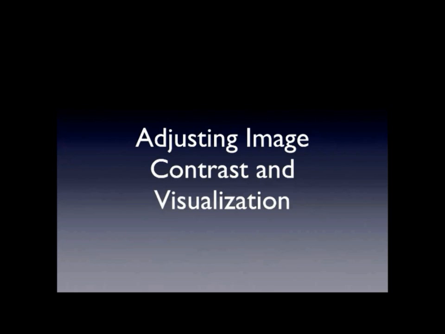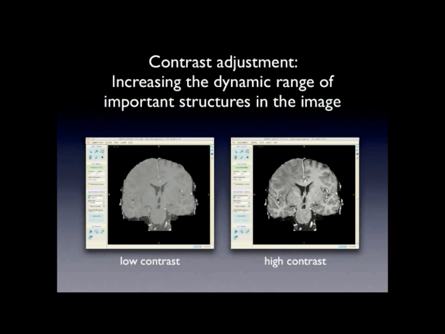Next I want to talk about a different topic, and that is adjusting image contrast and how images are visualized. A lot of times we'll have images that when we first load them in ITK-SNAP, have very poor contrast.